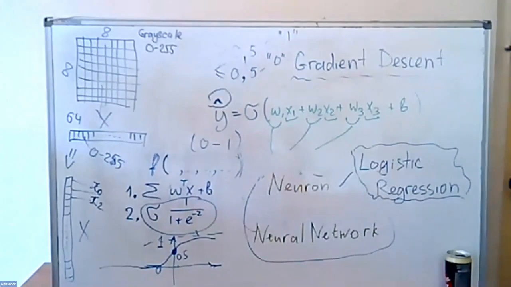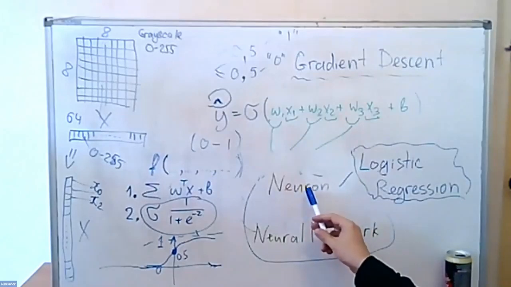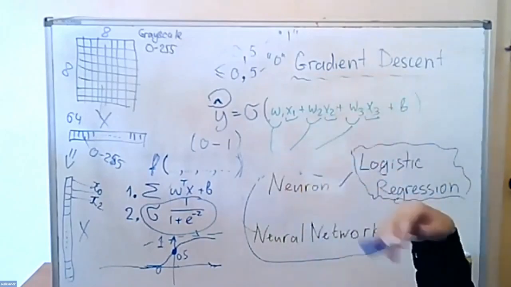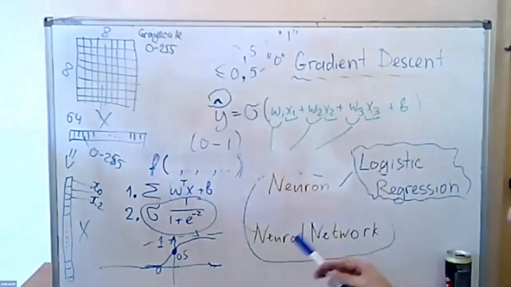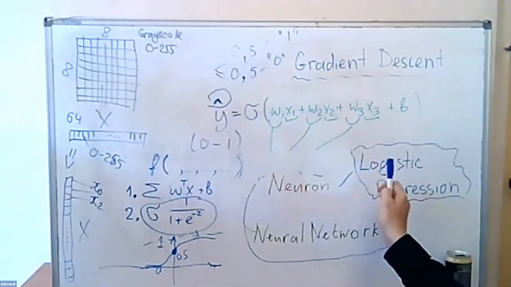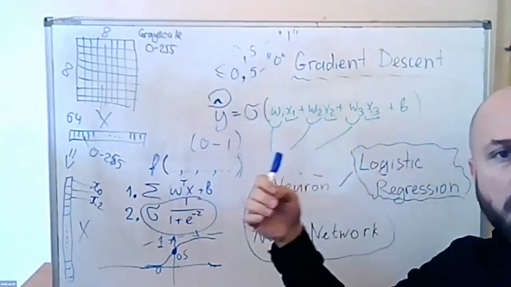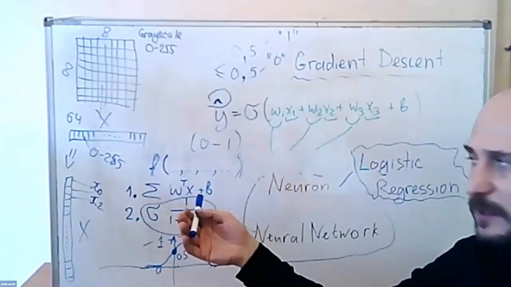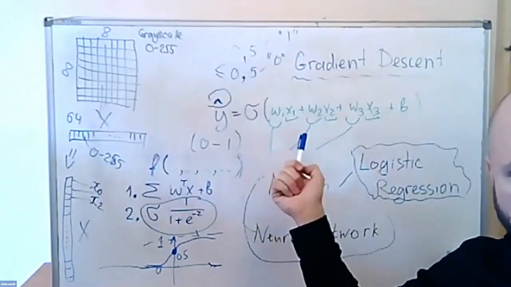But the thing is that this is also the thing that we call a neuron, and there's no difference. In fact, throughout the history of development of this math, initially people invented logistic regression, and they decided, okay, it's a very weak predictive algorithm, right? It cannot do anything about really complex things.